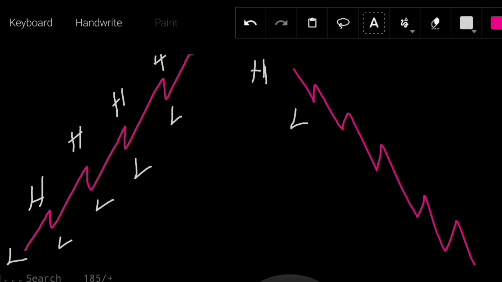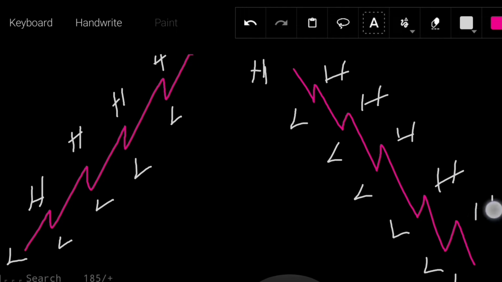Low, low, low, low and low, and these are all highs: high, high, high and high. We have marked these things. So in an uptrend, all these highs should be higher than the previous one, and all these lows should be higher than the previous one.